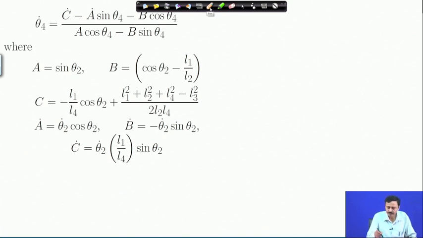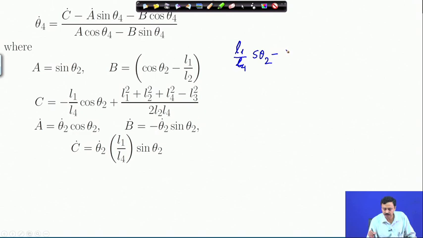So, if you just substitute in here, so C dot is L 1 by L 4 sin theta 2.